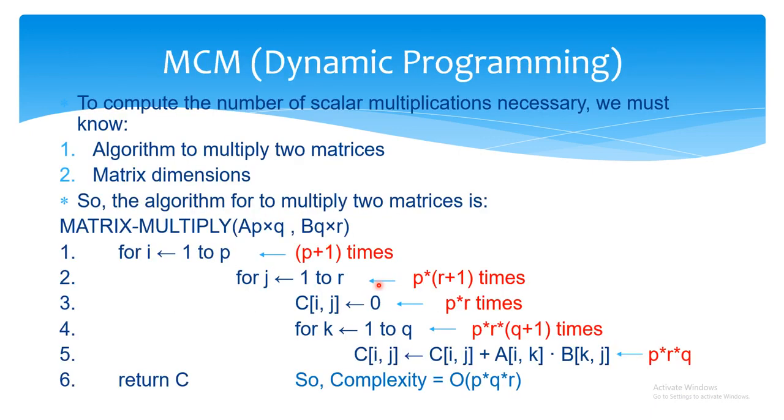Now the basic operation of matrix multiplication. If we have to multiply A with B, this is a very famous algorithm, and we all know that the time complexity of this algorithm is order of n cube.